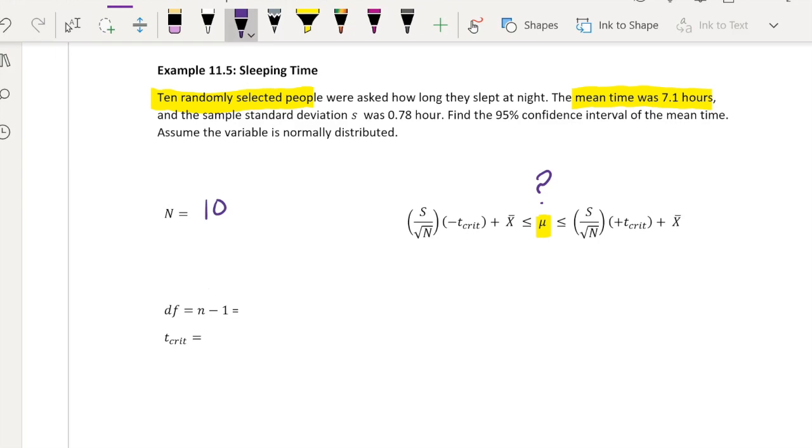So x bar is 7.1, and the sample standard deviation is 0.78. This looks a little ugly.